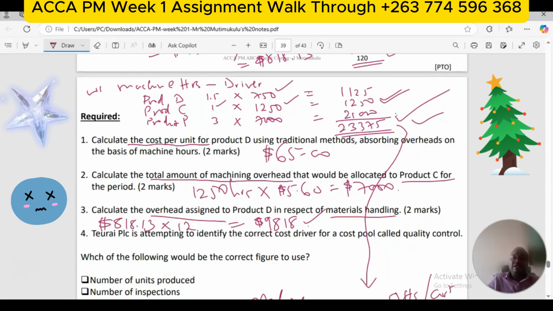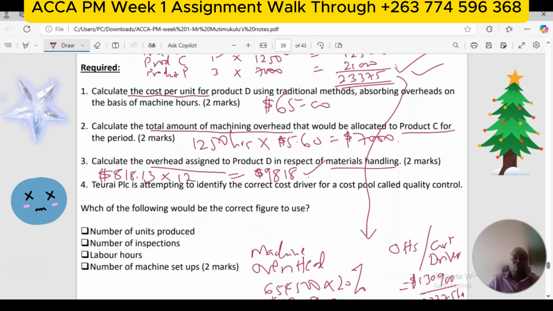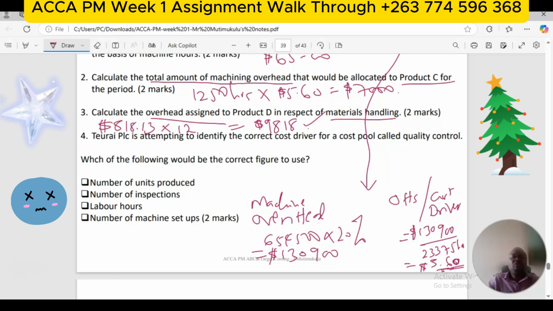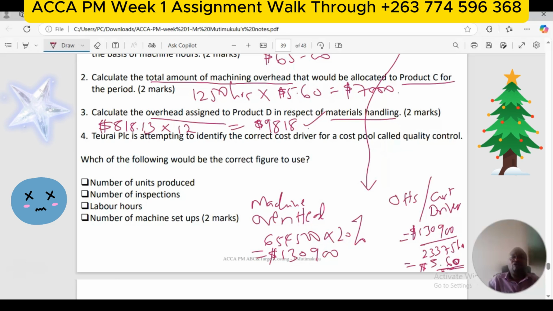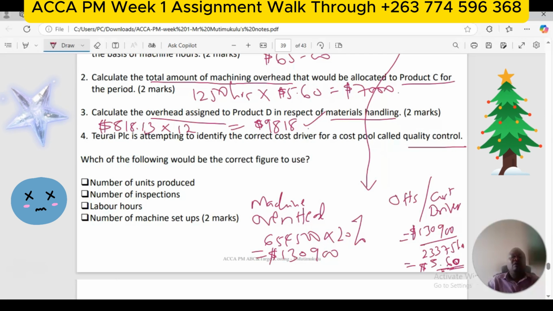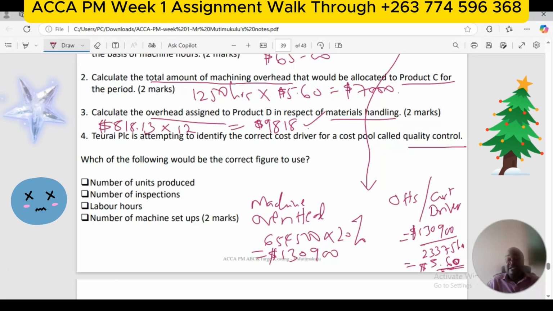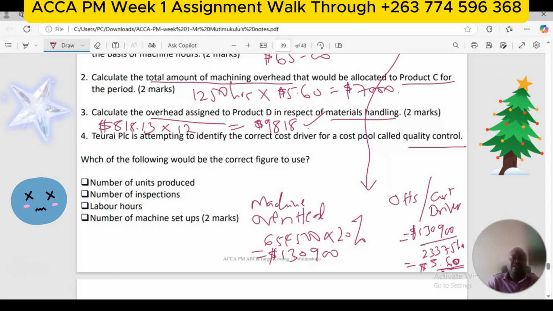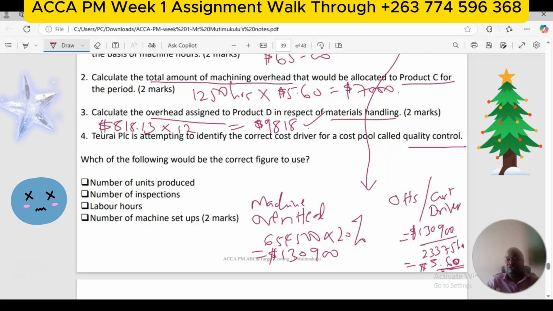Then the last two parts of this question. Number 4, Teura PLC is attempting to identify the correct cost driver for a cost pool called quality control. So quality control overhead requires a cost driver. And from the information given, this is the list you were supposed to tick from.